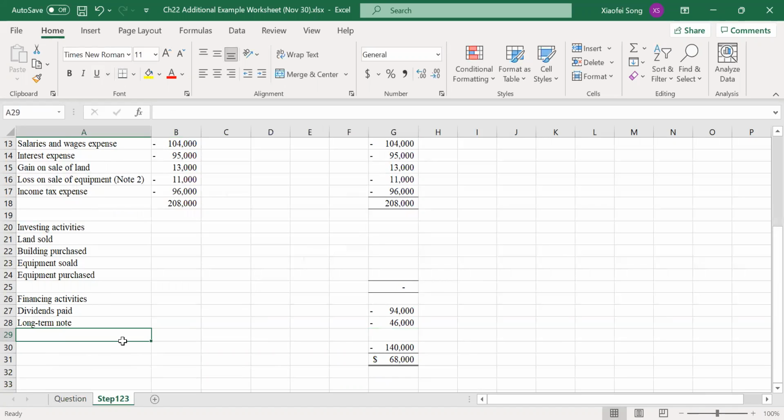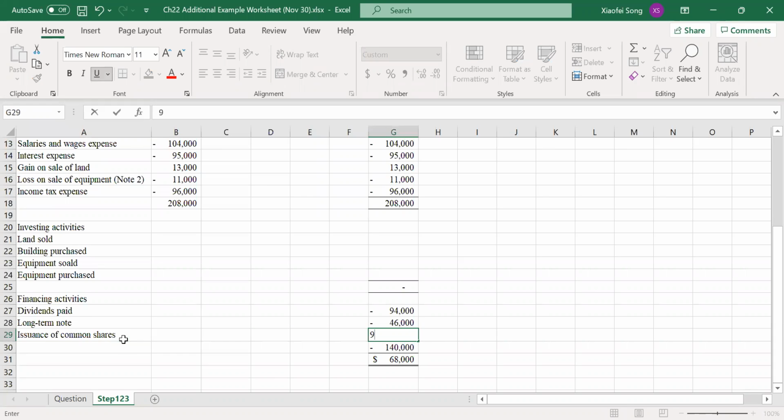I think there is one more thing, if I remember correctly. We just finished that section. That is the common shares for cash, right? Yeah. Exactly. So we might as well put it in here, because we just did it. 96,000. Okay, so we did that part.